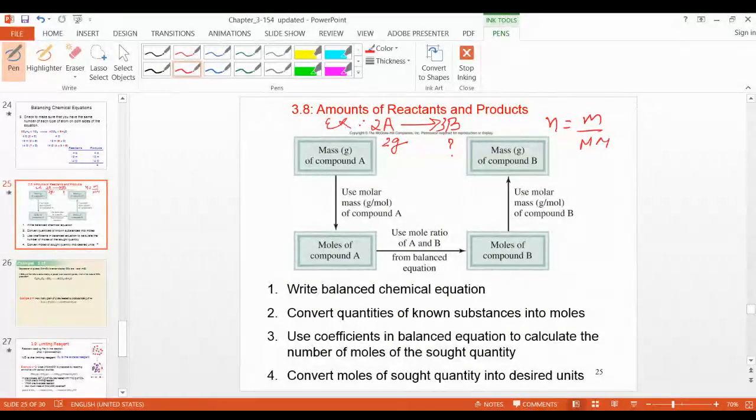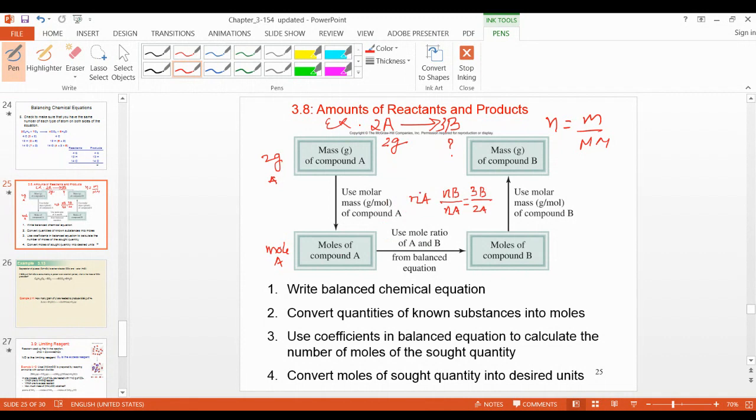You take the 2 grams and change it to moles of A. Then from the equation you write moles of A and moles of B, which are 2A and 3B.